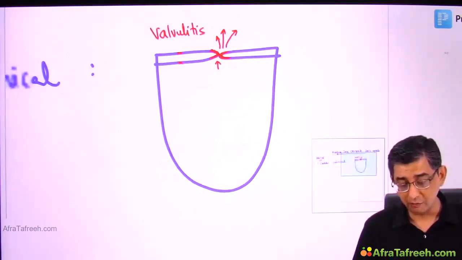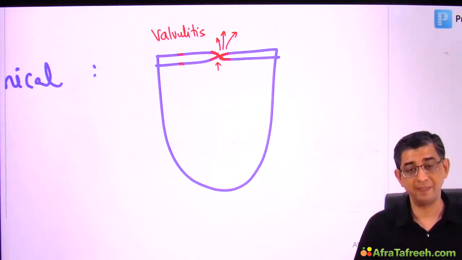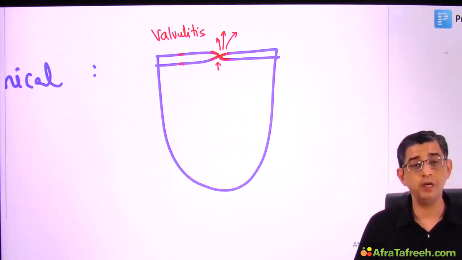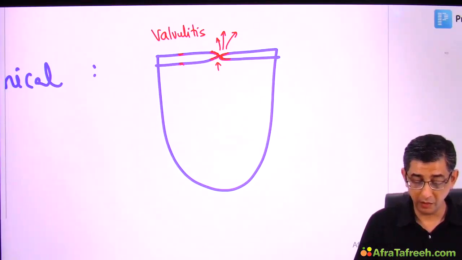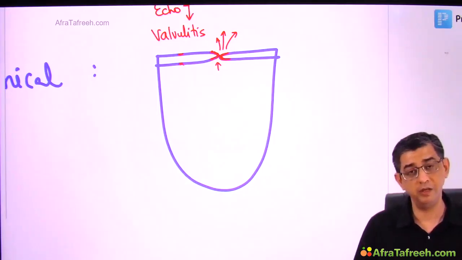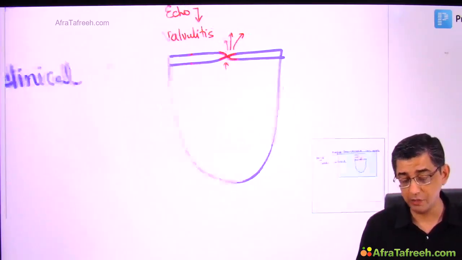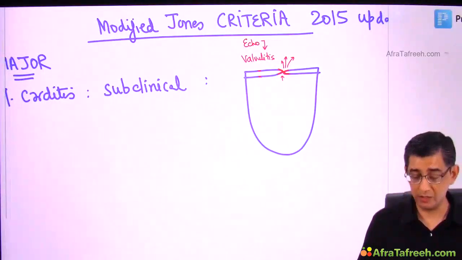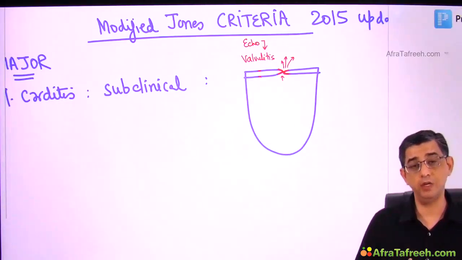So he's saying, why do you want to miss out a case just because you were not in a proper setting? If echocardiography can pick up this valvulitis, then even without the presence of mitral stenosis, mitral regurgitation, or a valvular lesion, we can say it is rheumatic heart disease, because after all, this is the start of the disease. Once the disease evolves, that is when valvular lesions will develop.